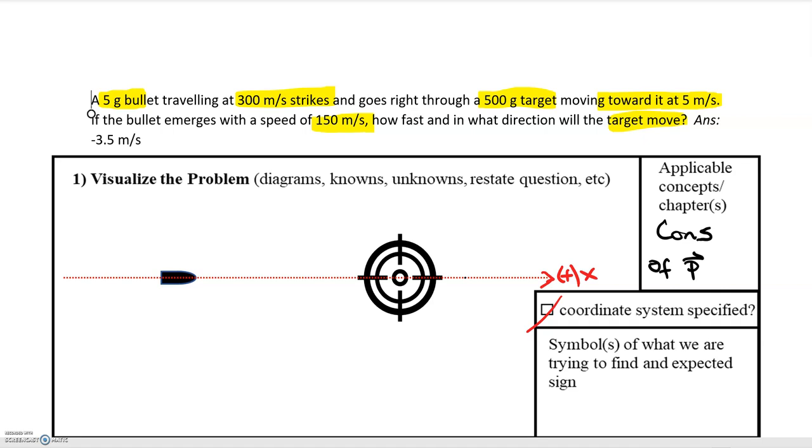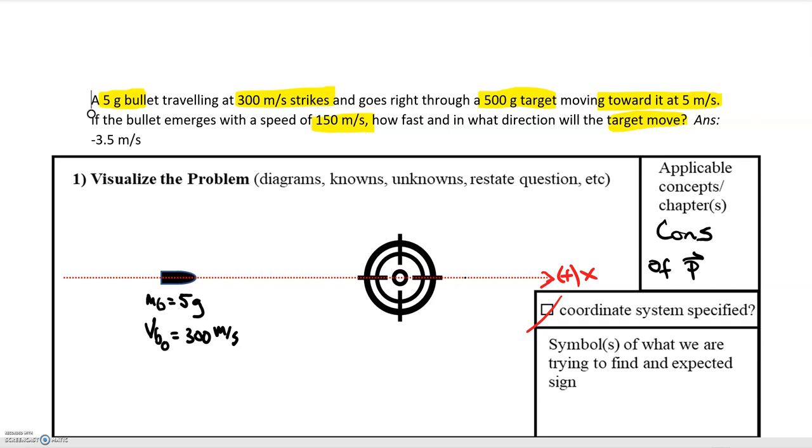To start, we're told that the mass of the bullet, I'm going to call it m sub b, is equal to 5 grams. We're told that the velocity of the bullet, v_b, its initial velocity, is equal to 300 meters per second. That's positive because that's moving to the right.